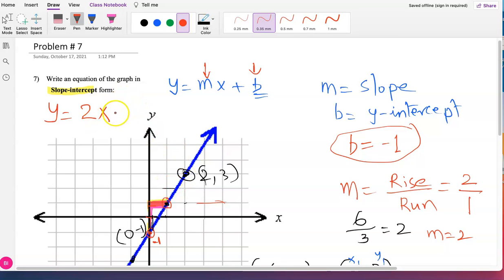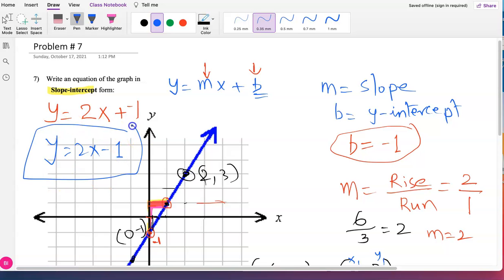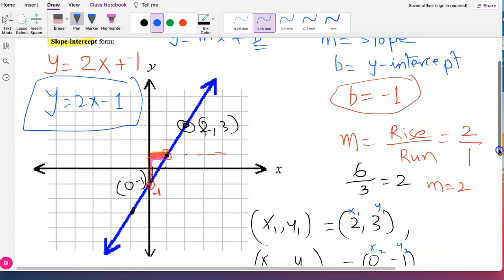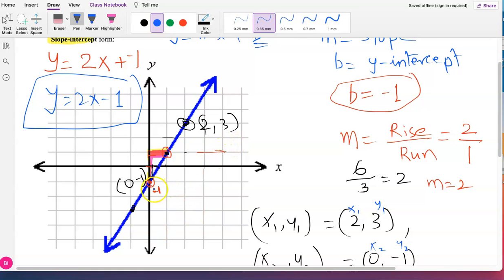So y is equal to 2x plus negative 1. That you can also write as y is equal to 2x minus 1. That is the equation of the line of this graph, right? Which is passing through negative 1 on the y-axis and having a slope of 2. Okay, good. Thank you.